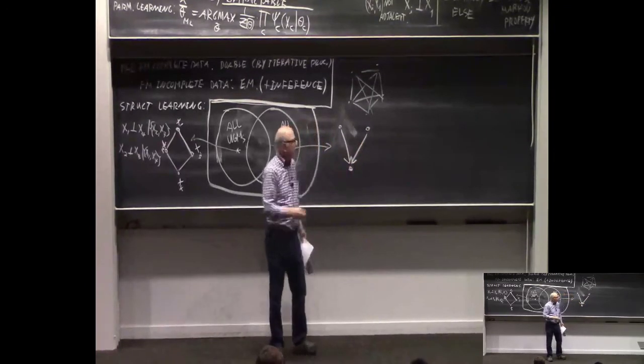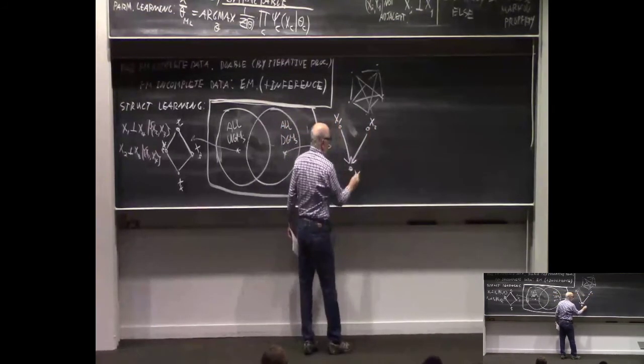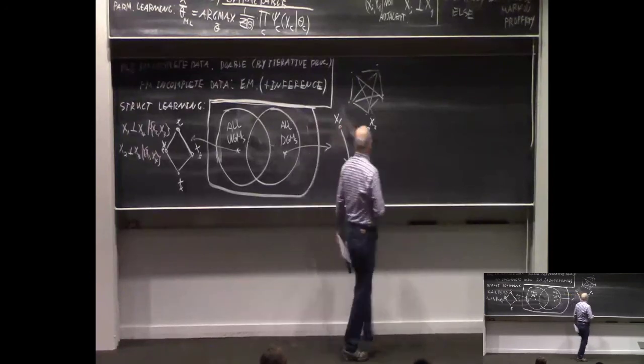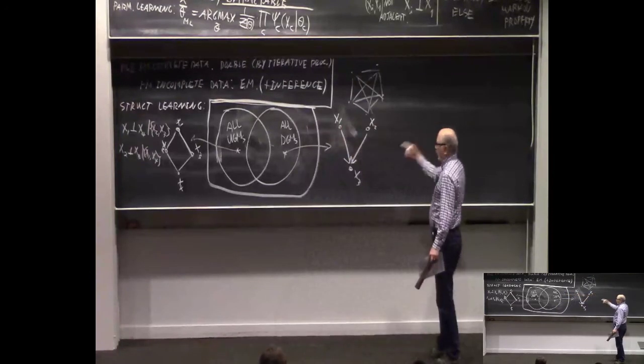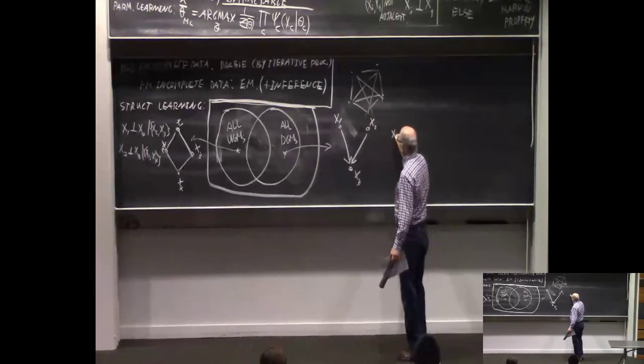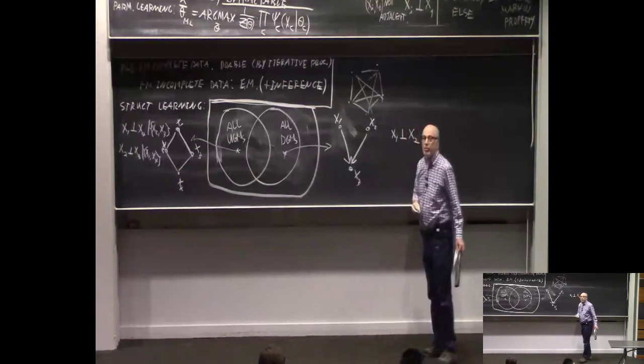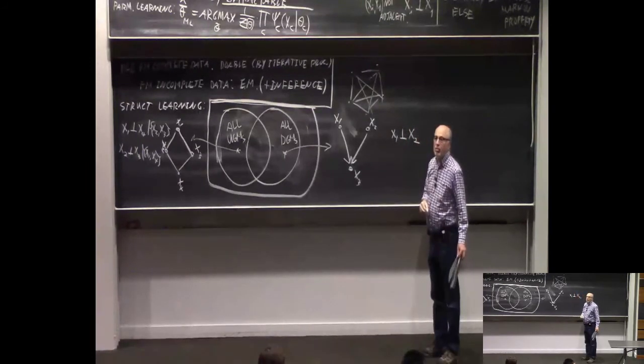Multiple causes. x1, x2, x3. Reading out this DGM, is x1 independent of x2? You guys don't speak DGM fluently?